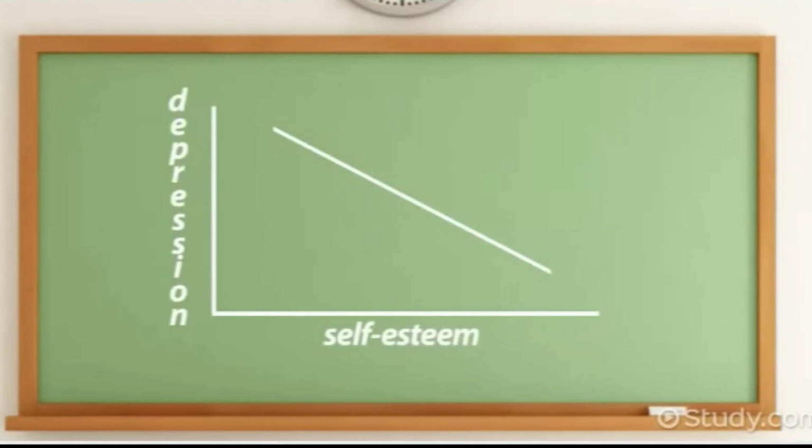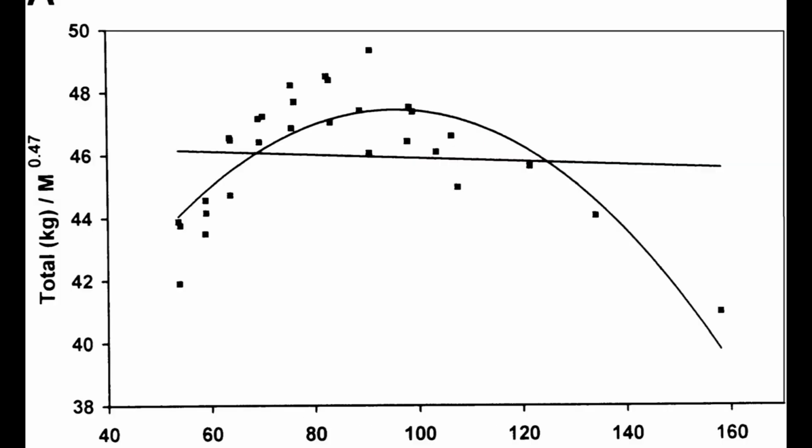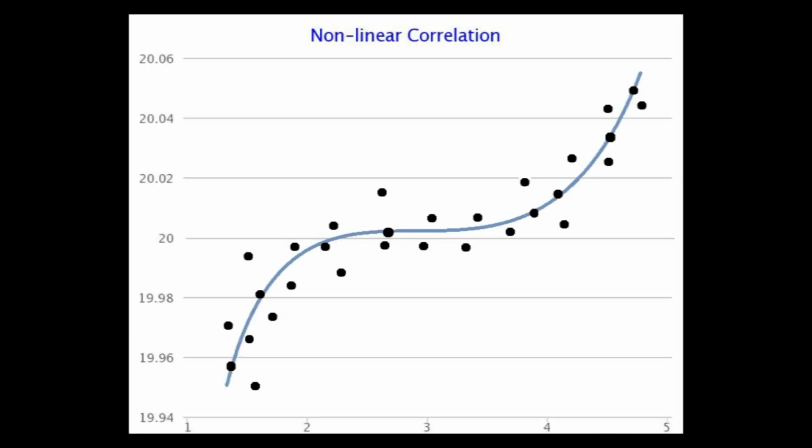This is known as negative or inverse correlation. In the scatter diagram, if the points are widely scattered, it indicates the lack of correlation or no correlation between the two variables. Suppose the points are clustered around a curve, we have curvilinear correlation or non-linear correlation.